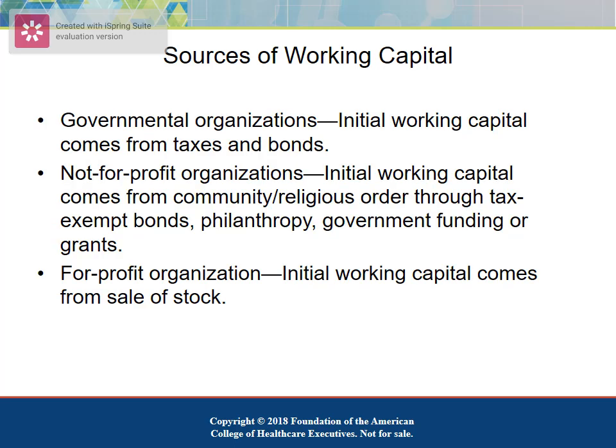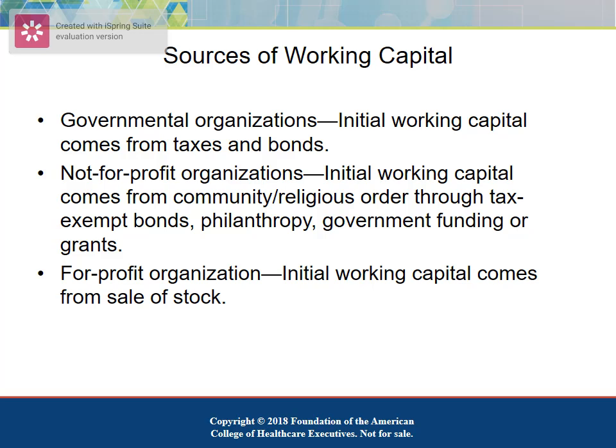Okay, so other sources of working capital. If you're a government organization, taxes and bonds are going to be a source of cash for you. While nonprofits, besides the cash from the accounts receivable and the activities there, have opportunities from fundraising.